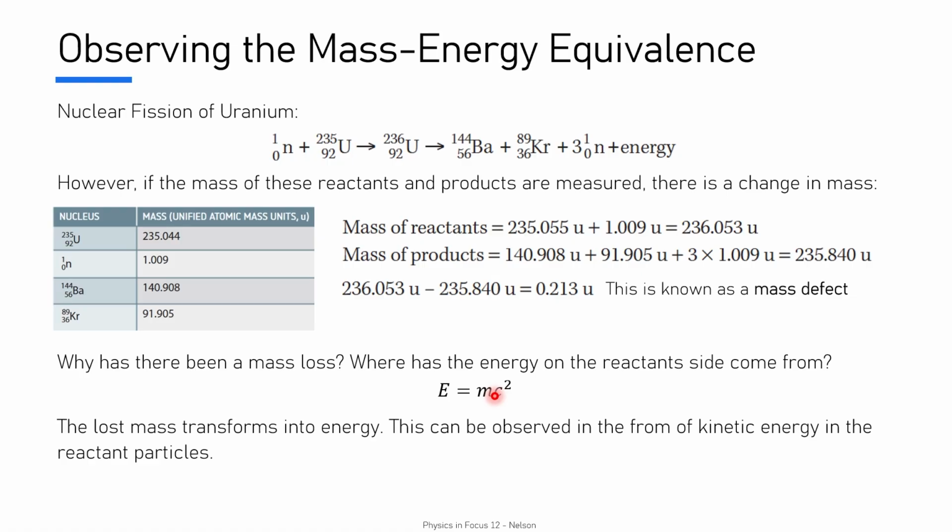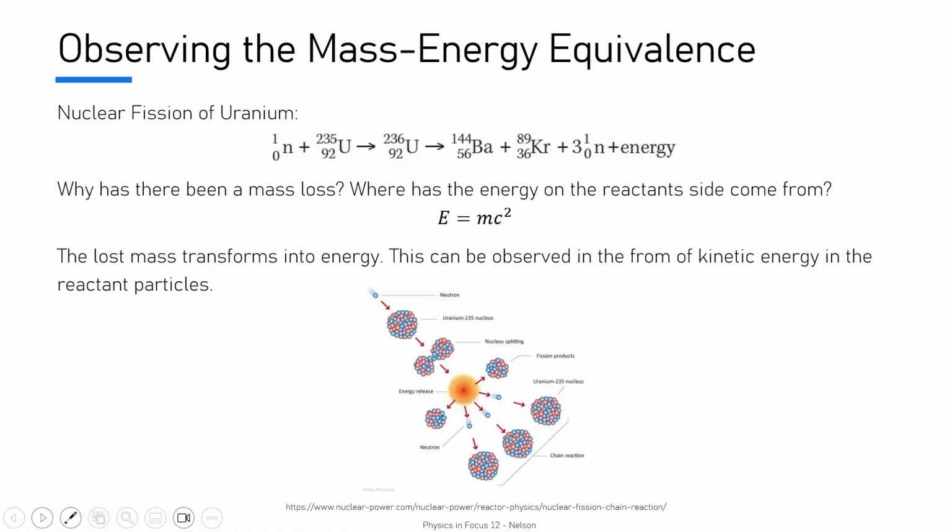This energy transformation is mostly observed in the fact that the particles that are the products of fission have a bunch of kinetic energy, and when they split apart, they do so with a very large amount of energy. And it is this energy which causes a chain reaction for the nuclear fission of uranium.